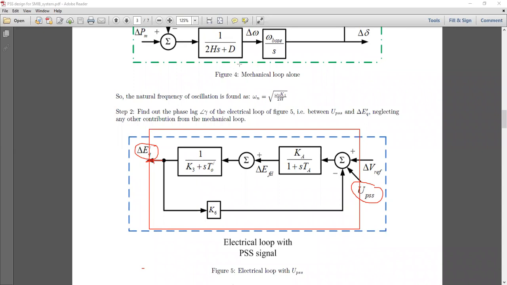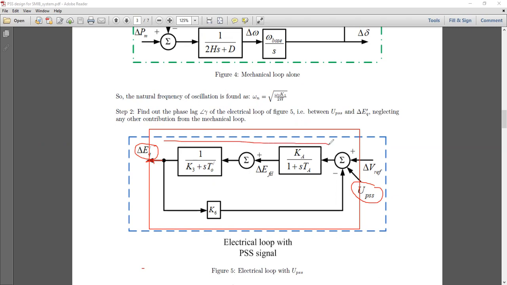Again, we simply assume that del Vref is equal to 0. We are not bothered about del Vref for the time being, and we try to find out the transfer function here. Again, what is G of S and what is H of S? What is the forward path? This is the forward path, the top one.